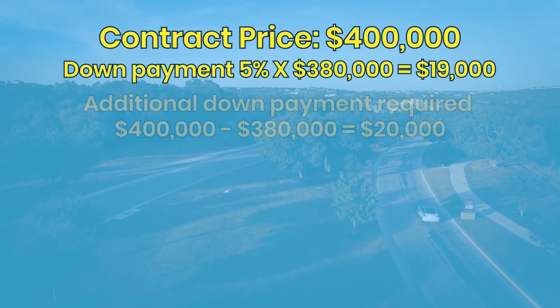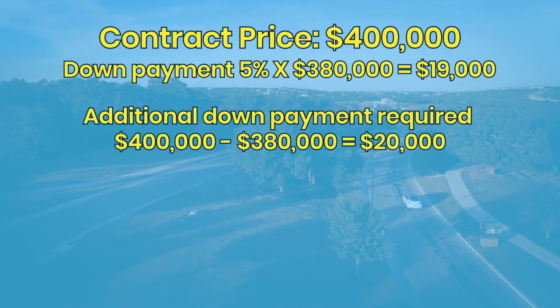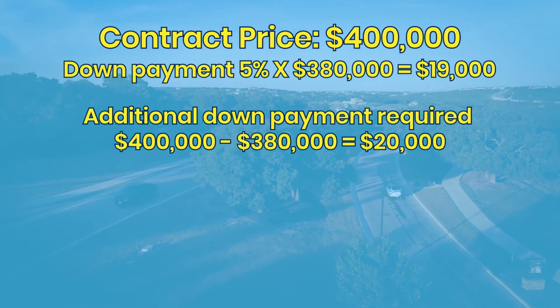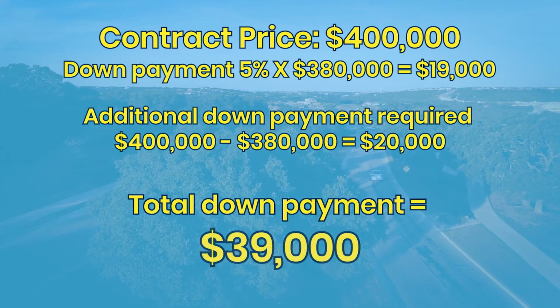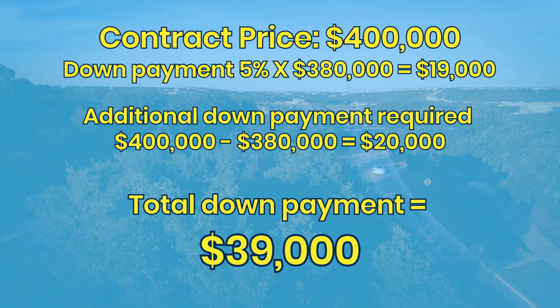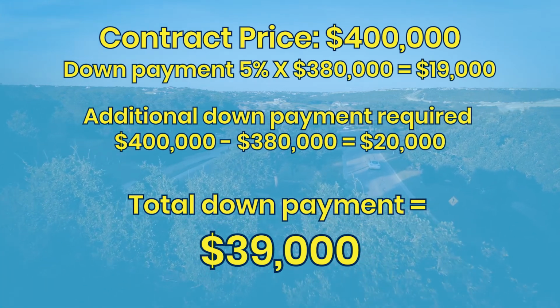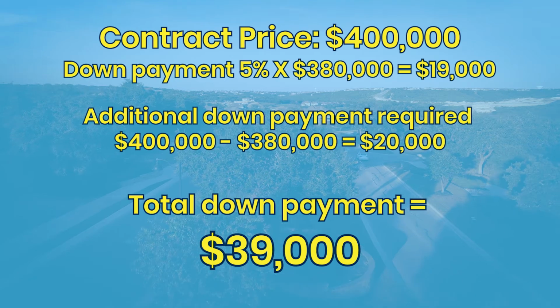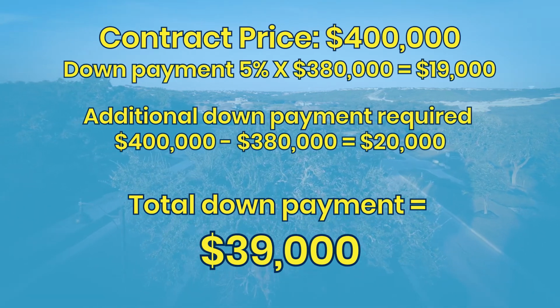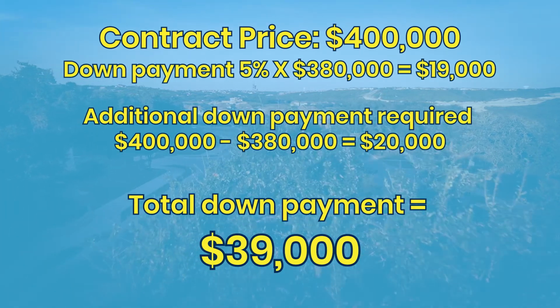The additional down payment required, of course, is $400,000 minus $380,000, which is $20,000. So the total down payment for this loan would be $19,000 plus $20,000, so it's $39,000, but as far as the mortgage company is concerned, you'll only have a 5% down payment for all of their mortgage insurance calculations.